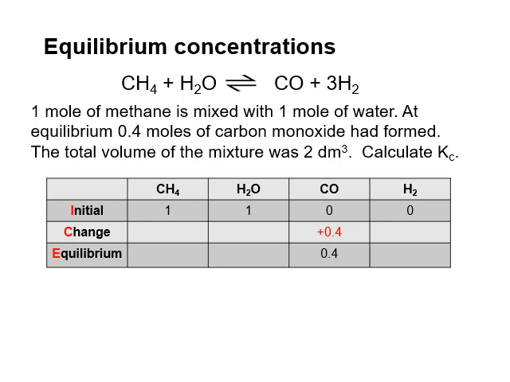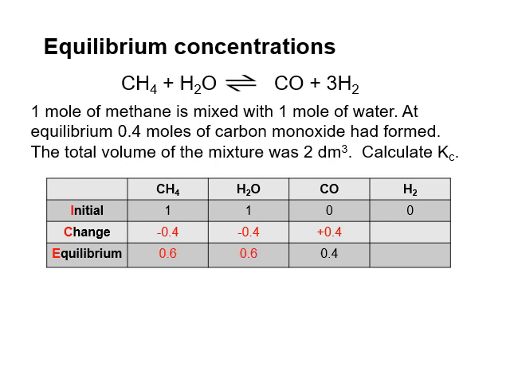Now, if we look at the equation, CH4 and H2O and CO are all 1 to 1 to 1. So if I've made 0.4 of CO, I must have used 0.4 of methane and water. So their changes are both minus 0.4. Since they started with 1, I can now establish that their equilibrium moles are all 0.6.